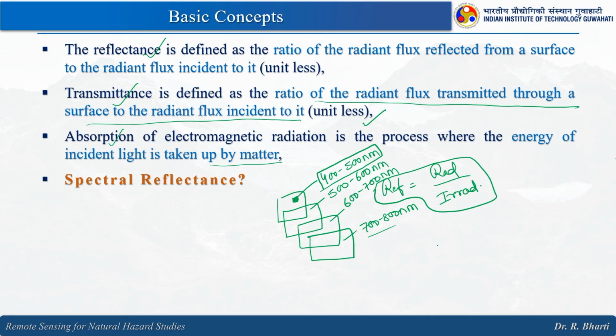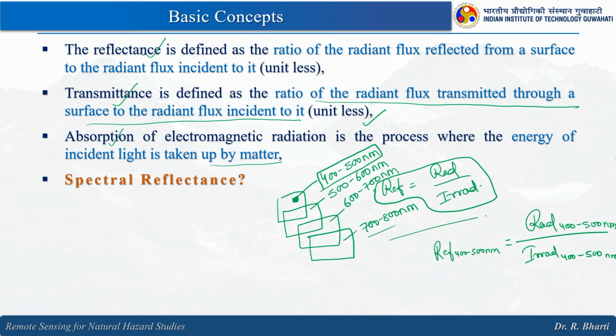So, now it will be reflectance of 400 to 500 nanometer is equal to radiance of 400 to 500 nanometer divided by irradiance of 400 to 500 nanometer.